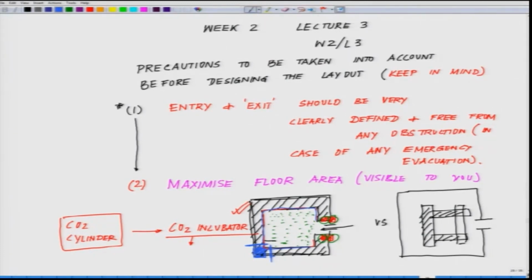and prefer to keep the incubator, which will be holding all your cells and all your experimental material, there. Say for example, this is the incubator. Prefer to keep it as far away as possible from the main gate, and secondly, it should be in a corner where it is not in direct contact with the air coming directly from outside.